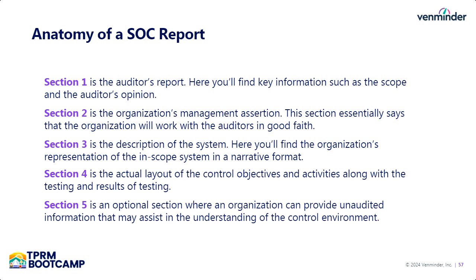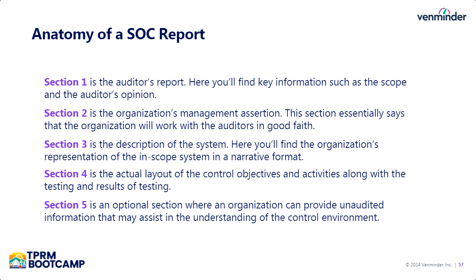So as we get ready to talk about how to review a vendor SOC report, really understanding the anatomy is important. And so typically there's 5 sections, with section 5 being optional. So the first 4 sections are going to be in every SOC report that you see. Section 1 is the auditor's report. Section 2 is going to be the organization's management assertion.